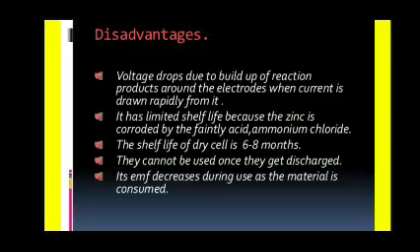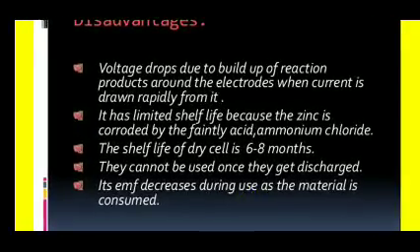Large rating batteries are very heavy. Voltage drops due to buildup of reaction products around the electrodes when current is drawn rapidly. It has limited shelf life because zinc is corroded by the action of acids and ammonium chloride.